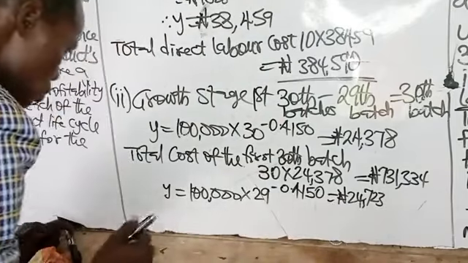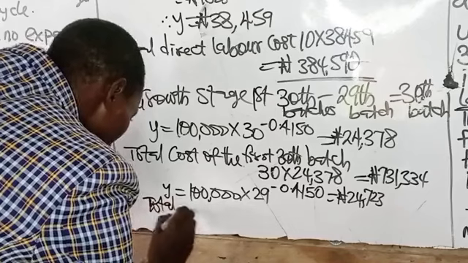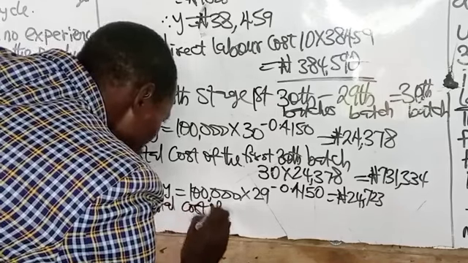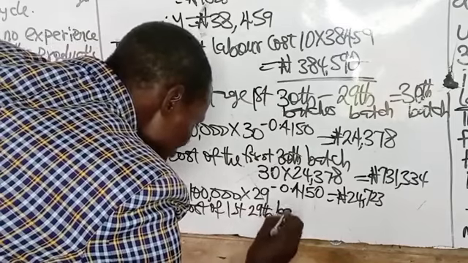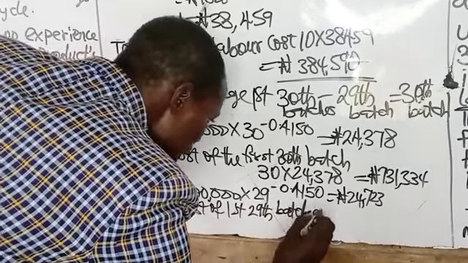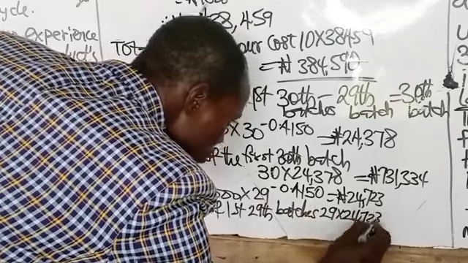So total cost now. Total cost of the first 29 batches. That will be 29 times 24,723.